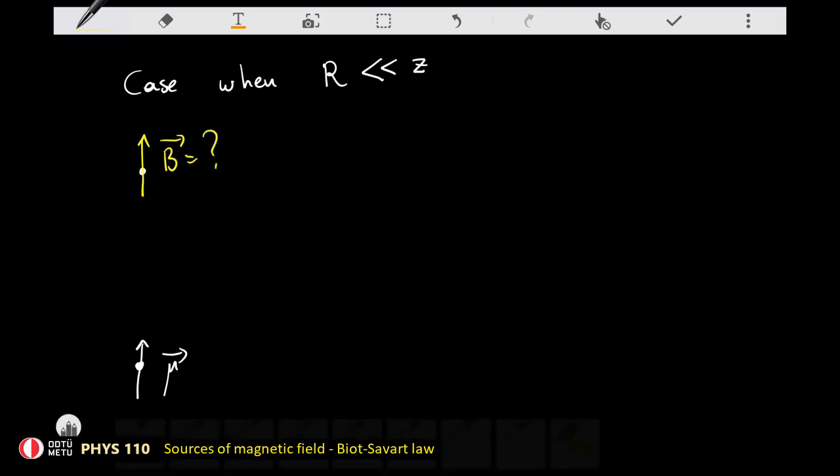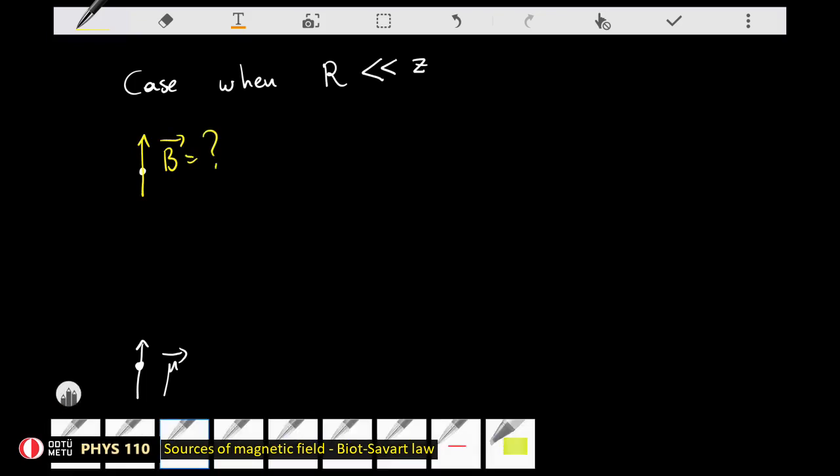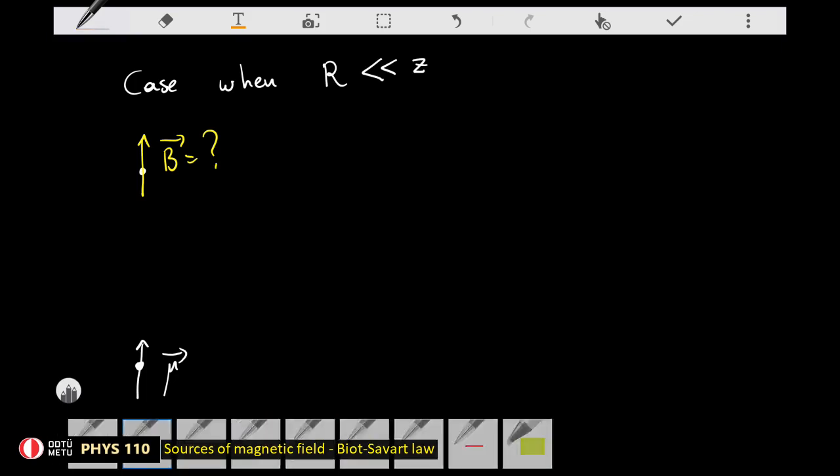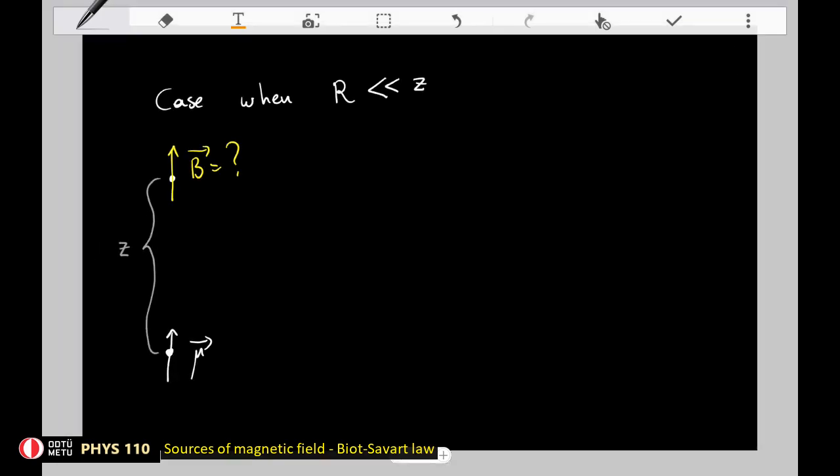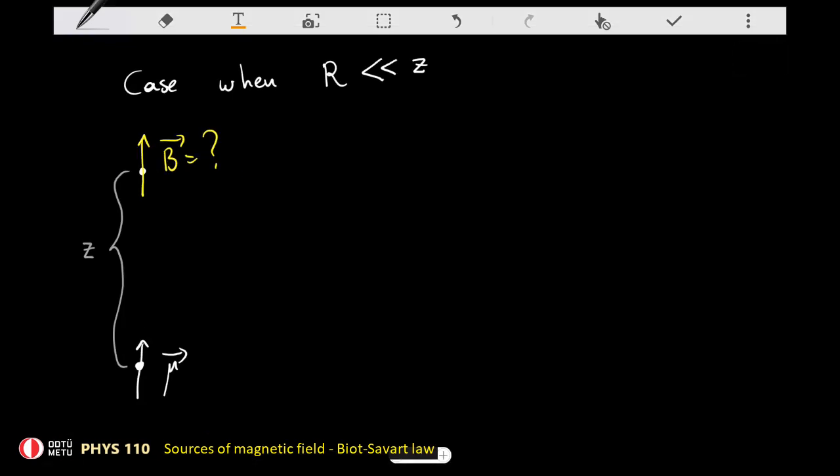So the question is, if I have a point which is at a distance z from my dipole, on the symmetry axis of the dipole. So that means if I extend the vector that the dipole points along from the location of the dipole, then the point that I'm interested in, the point where I'm trying to compute the magnetic field, is on that axis. So this is that distance.